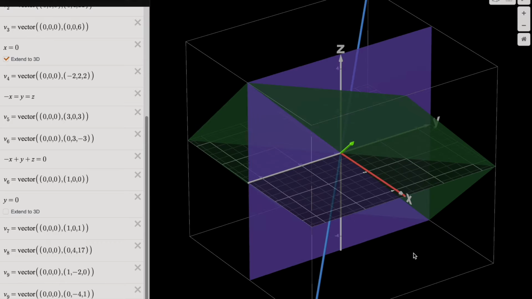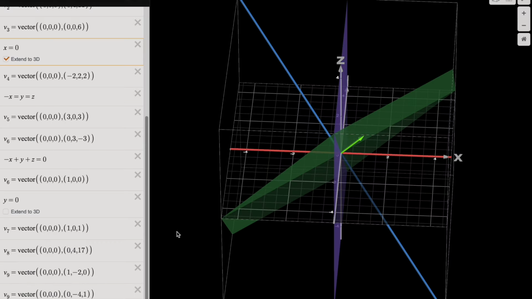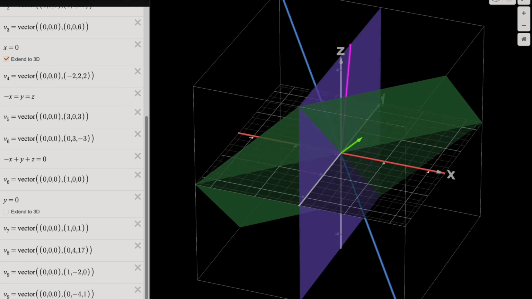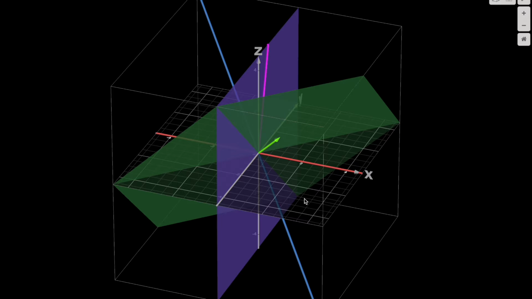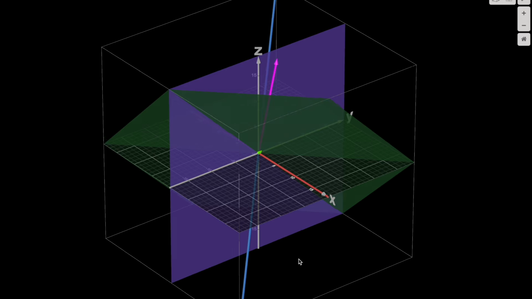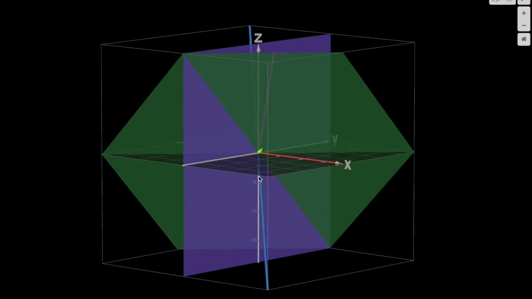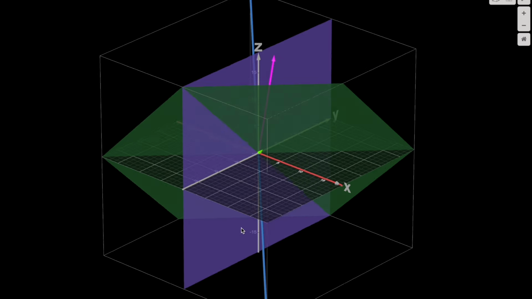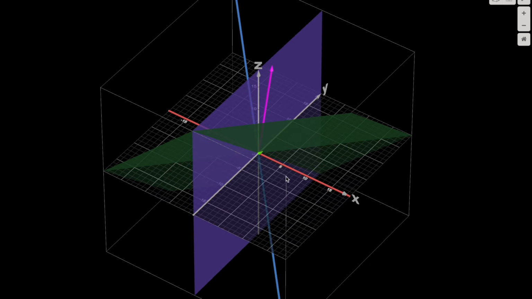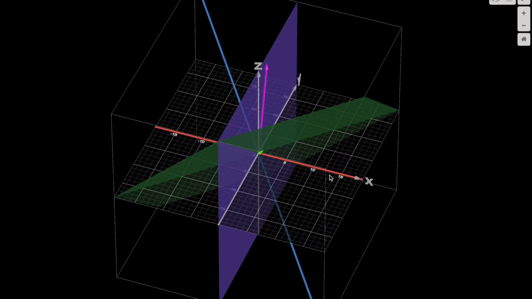A times x for this vector is this pink vector. Its value is pretty large, so it is going outside the plane, so let me minimize it a little. See now, this tiny green vector, which is lying in the row space, got transformed to this pink vector, which is lying in the column space. So that's how the vectors move.